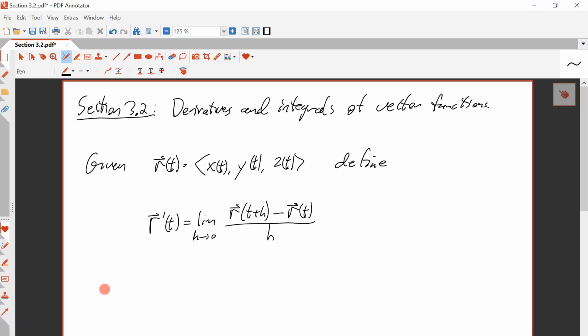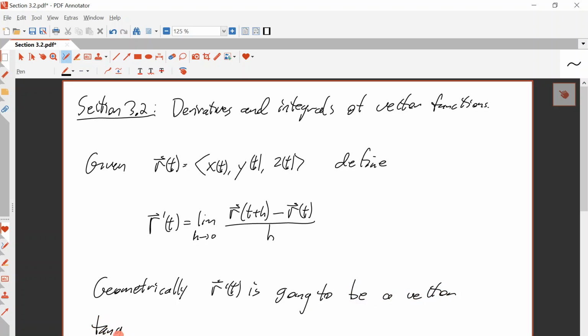So geometrically, r prime of a is going to be a vector tangent to the curve r of t at t equal to a.